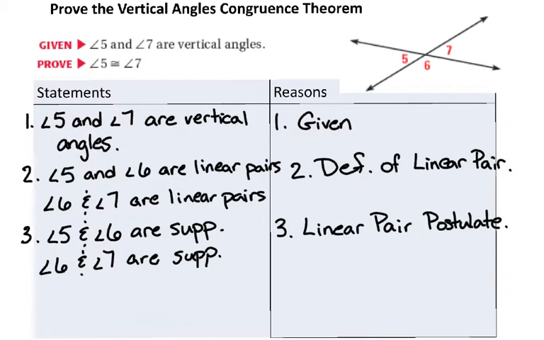Alright, so remembering the congruent supplements theorem: if we have two angles that are supplementary, and another two angles that are supplementary, and two of those angles match each other, then the other two angles, so 5 and 7, are congruent to each other.